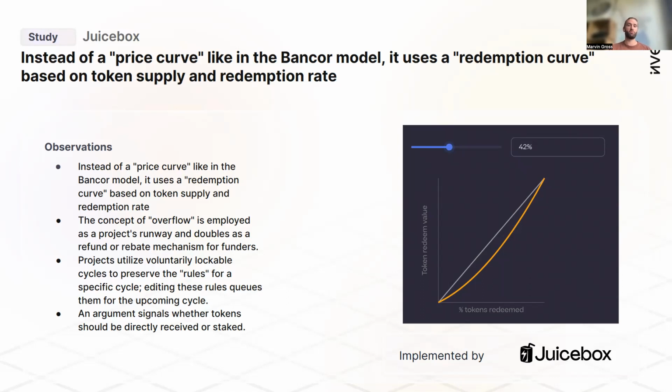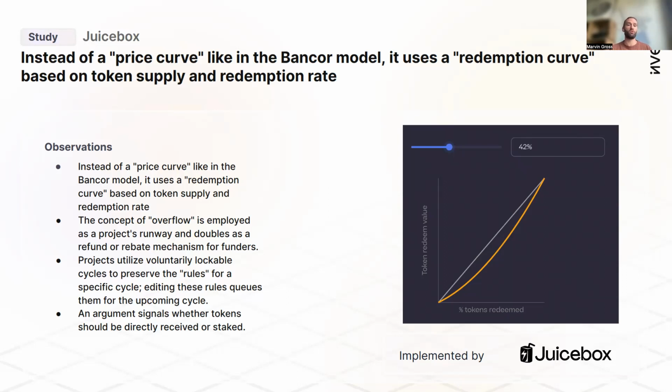Then the next point, the project makes use of cycles, which are used to preserve the rules for a given cycle, in which all of the past points are defined. So the redemption value, the overflow, all of them are defined within these cycles.